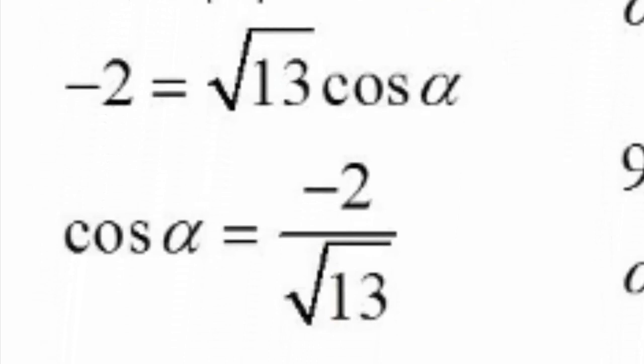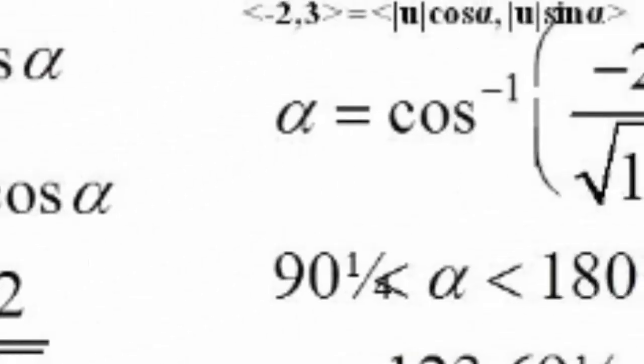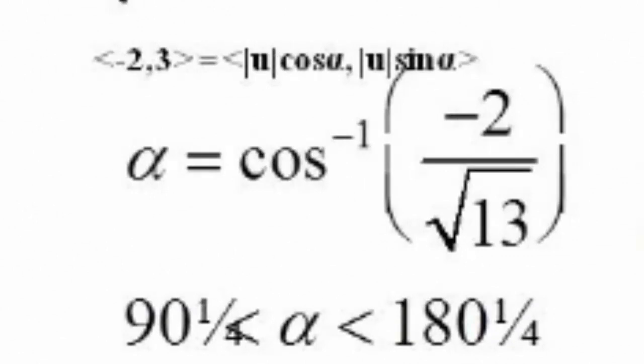Solving for cosine alpha, we get negative 2 divided by square root of 13. Then we want the arc cosine, the inverse, so that we can find alpha.